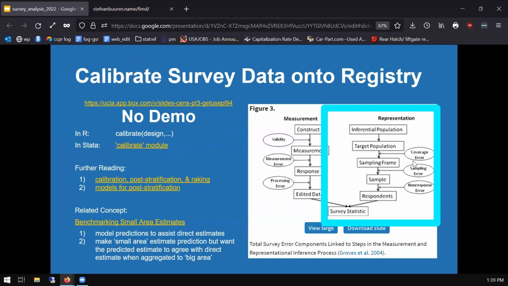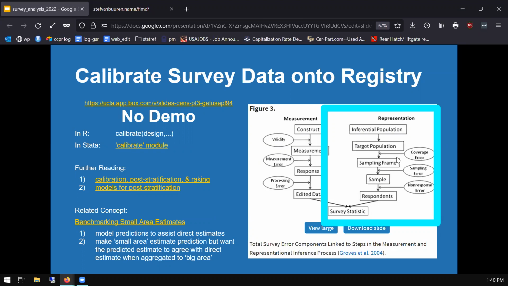Calibration is a post-processing method traditionally used in this gap between coverage error, where your target population that you have in mind, everyone in America, versus your sampling frame, email addresses or mailing addresses you have.